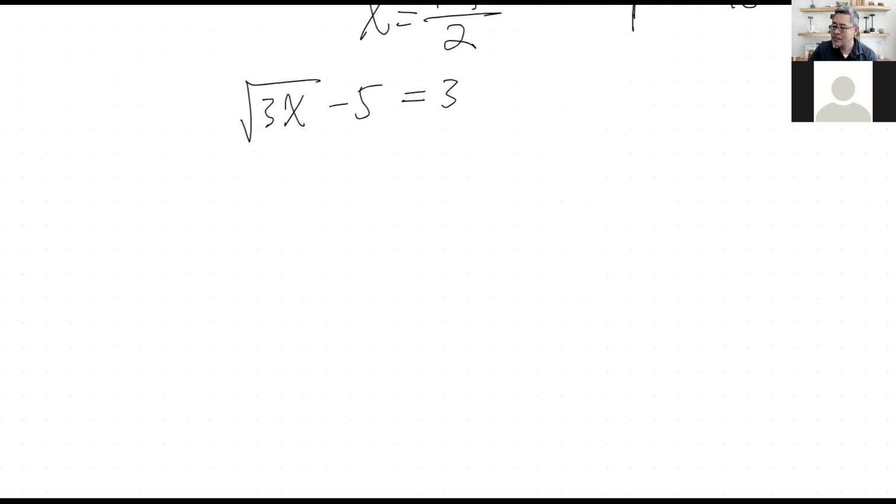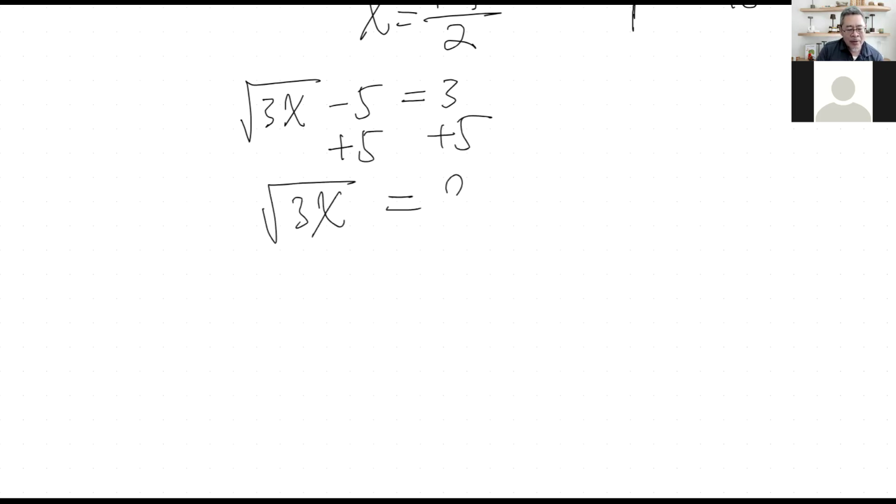I'm not sure what I did wrong. Okay, what's your first step? Do you need to add 5 to both sides first, or do you square both sides first? You have to add it first because then we can isolate the radical. Okay, and I did that right. Okay, so add 5 on both sides. And this side is square root of 3x. Then we got 8, right?